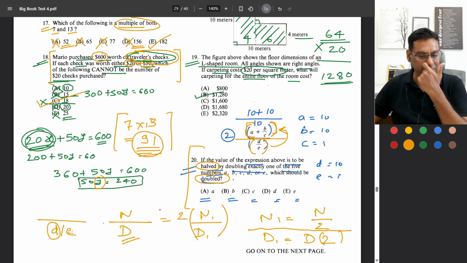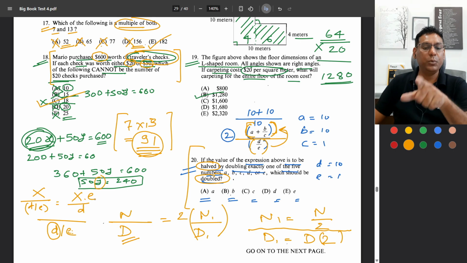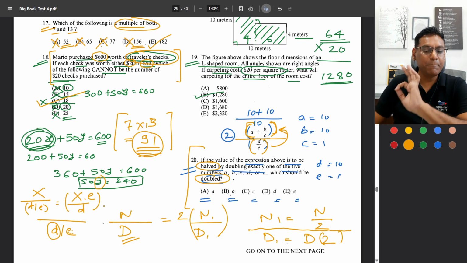So essentially, if I simplify this, whatever is the numerator, I have D slash E, in simplified terms, this numerator into E divided by D. That's what we have. So in most simplified terms, this is the expression that I have.